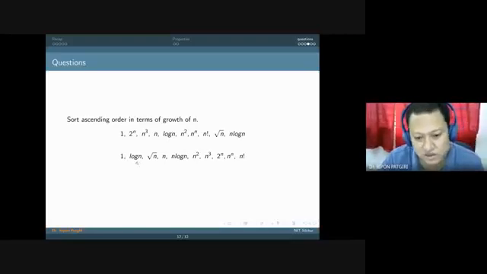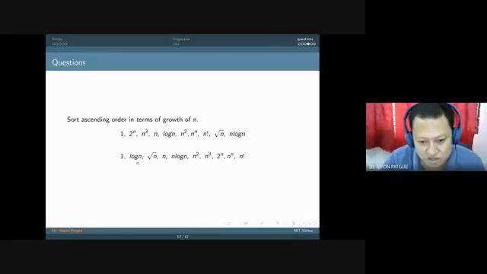In computer science we always take log base 2, not log base 10 or log base e.